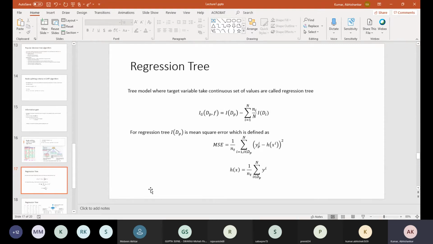So whoever has not understood, please let me know. So if I remove this h(x) from the mean of the data present at a particular node, what will this MSE become?